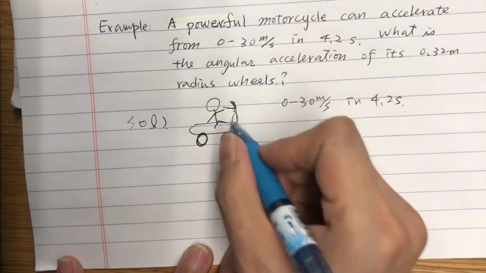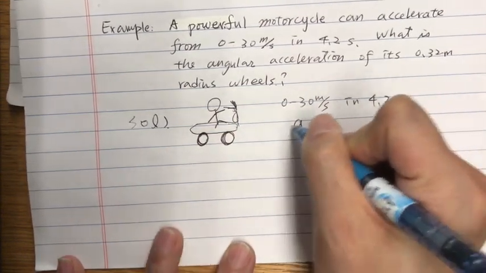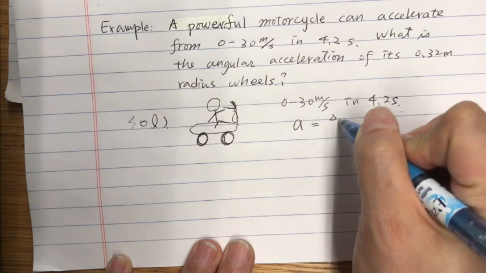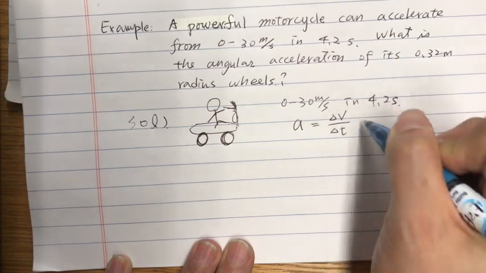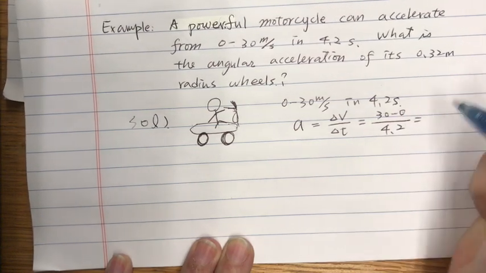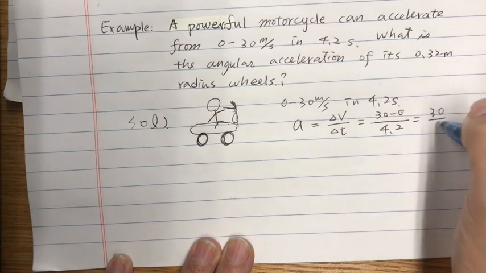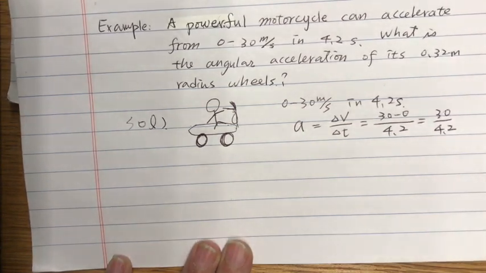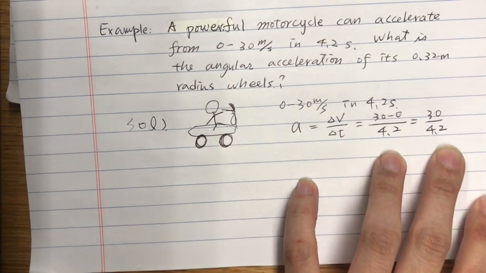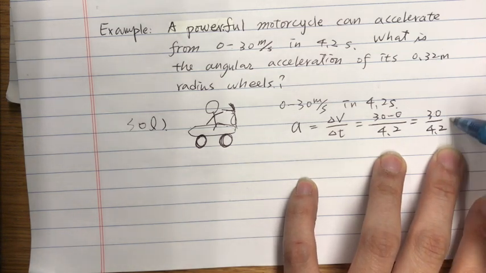So from here, we can figure out the linear acceleration. The linear acceleration for the motorcycle will be the change of velocity divided by the change of time. So it will be 30 minus 0 divided by 4.2, which is 7.1.